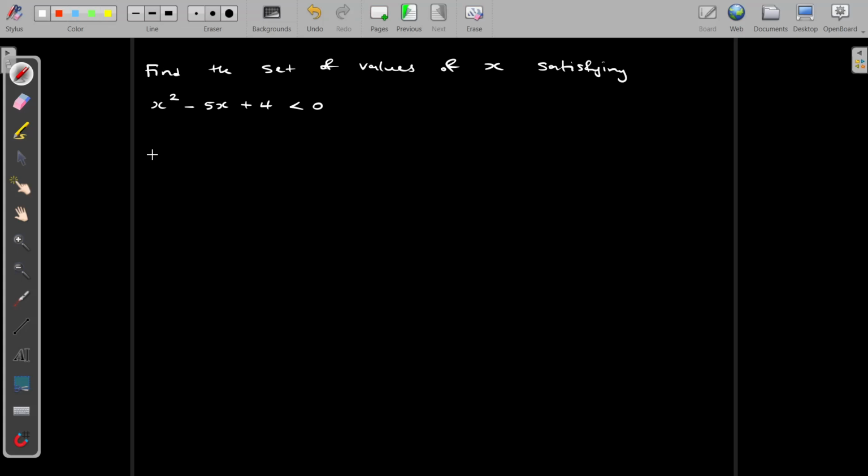So the first thing we need to do is to find our critical values. So the critical values of this will require us to use AC method to solve this. So that's x squared minus 5x plus 4 being equal to 0.